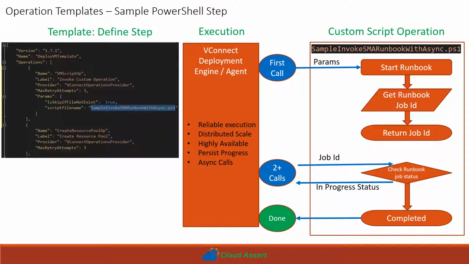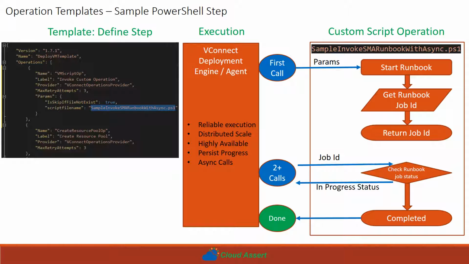It provides a distributed scale with multiple agents, so even if one of the agents goes down, the operations are carried out by the remaining agents. So it's a very highly available solution. It also persists the progress of these template operations, so it is available even during reboots, etc.